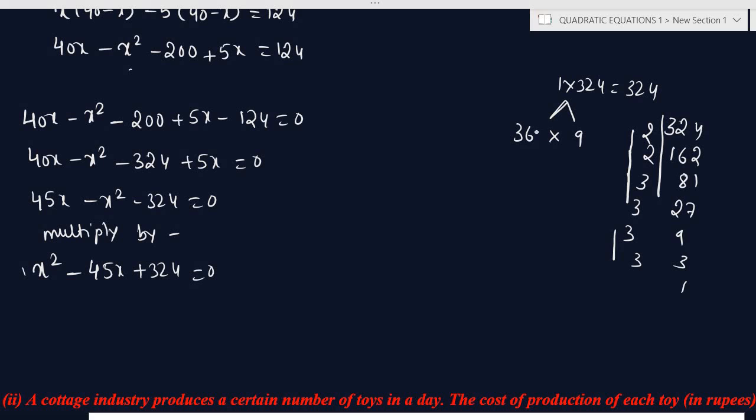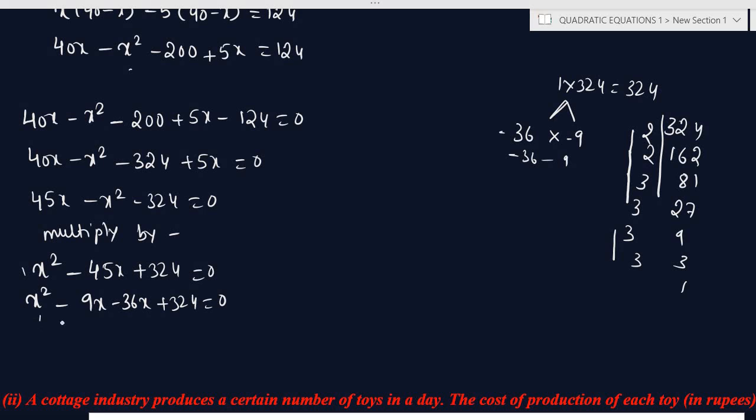But 36 and 9 should give 45, but minus 45 we need. Minus 36 into minus 9 is giving 324, minus 36 minus 9 is giving minus 45. x square minus 9x minus 36x plus 324 is equal to 0.